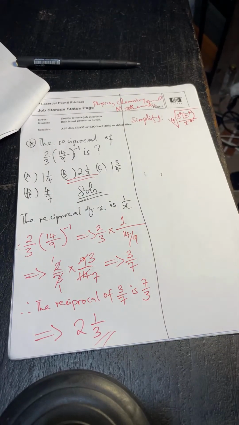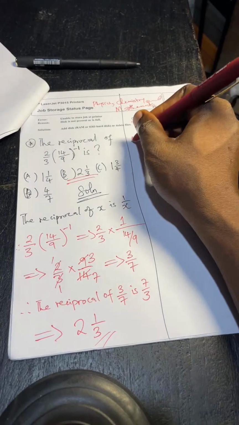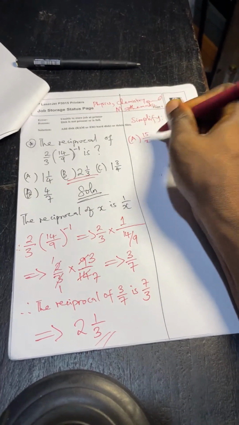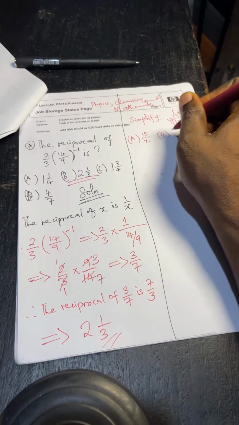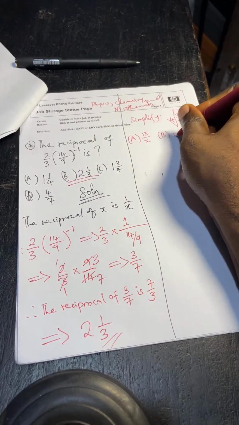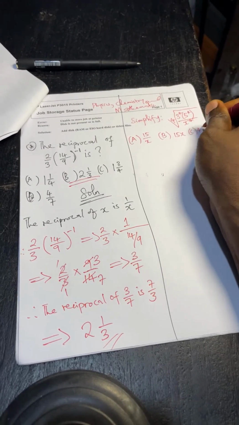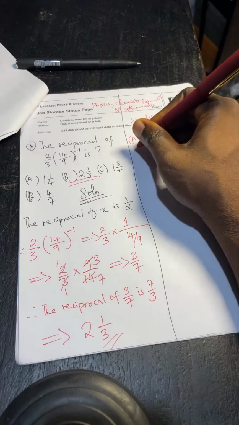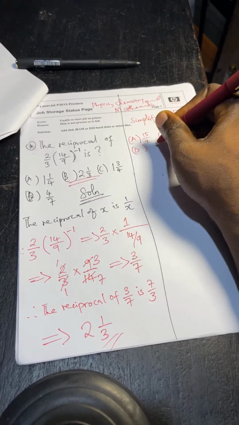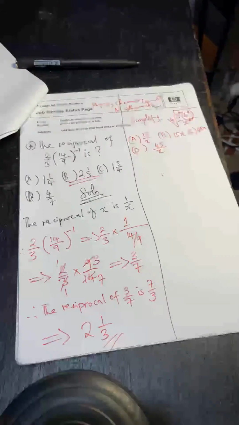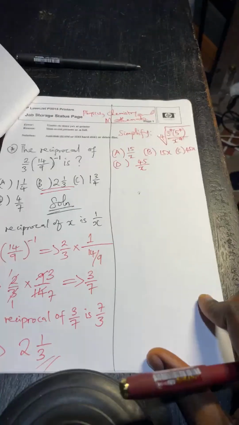So we have different options again. A, we have 15 over x. B, we have 15x. C, we have 45x. And D, we have x.